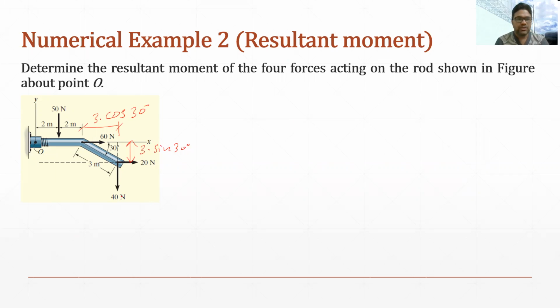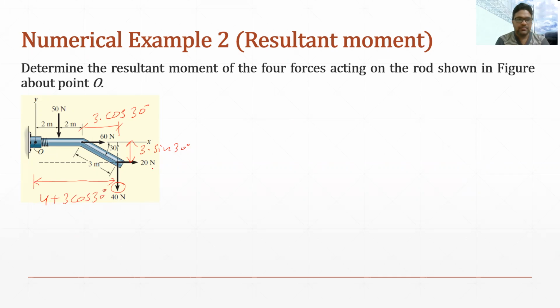Okay, so that is what it is all about. So now we know that the distance between the line of action of the 40 Newton force and point O is 4 plus 3 cos 30 degree.